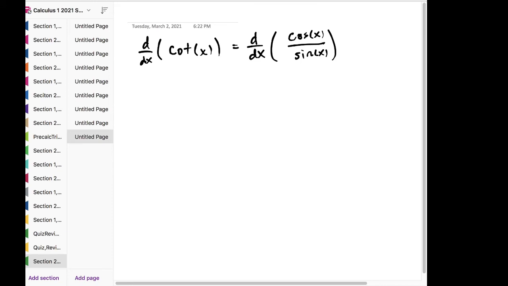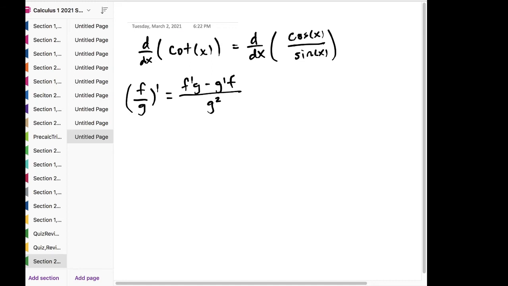I think cosine and sine are the easier ones to remember. So now let's take the derivative. I'll write it out again. This is the first day, so you don't need to memorize it right now.